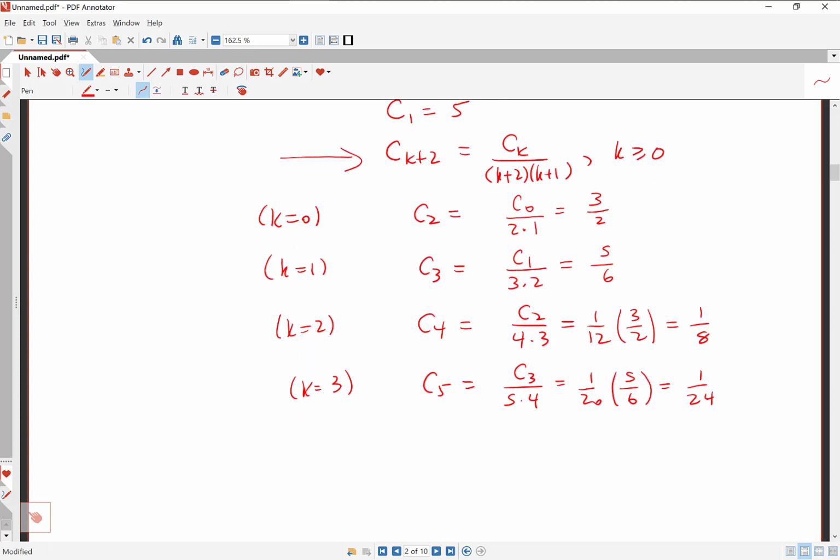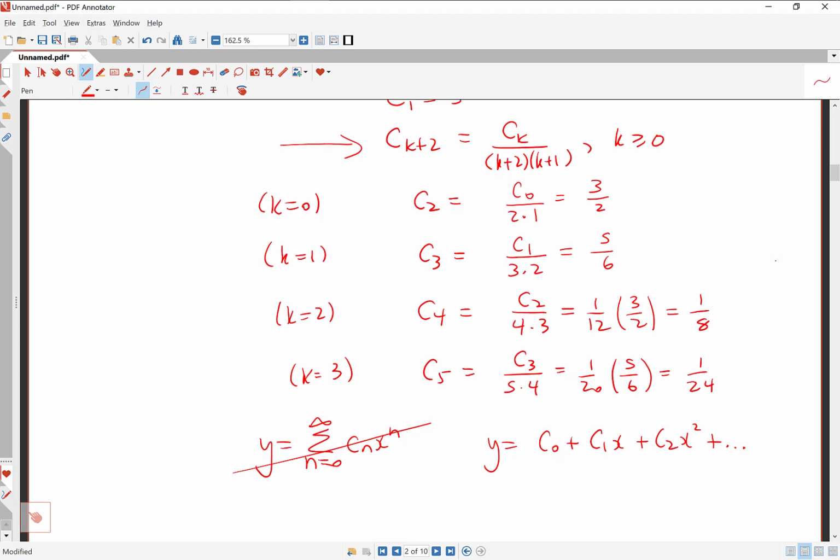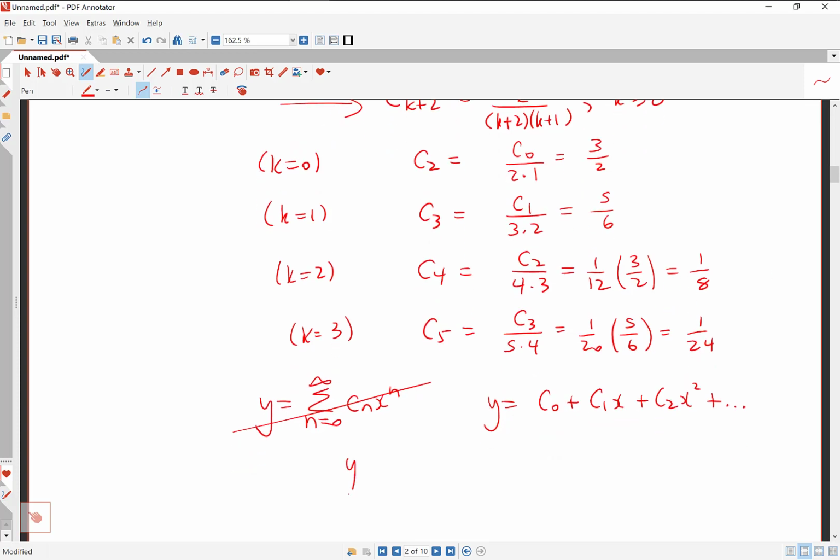And remember, the form of our series solution was y equals the sum from n equals 0 to infinity of c_n x^n. If we write that less formally, we're just saying y is c0 plus c1x plus c2x squared plus and so on. So now we've got all our coefficients, and we can write out the first 6 non-zero terms of our solution.